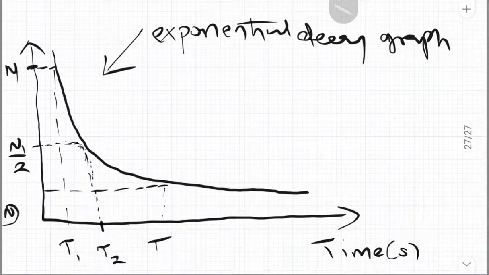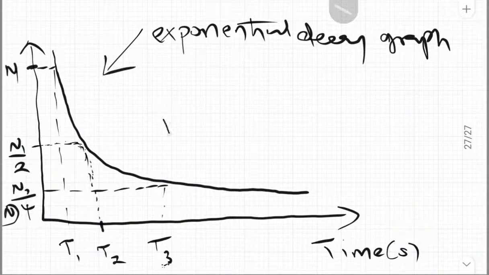I might not draw this to scale, but I hope it makes sense. This will be half of this, so we have n over 4, since half of n1 over 2 is n1 over 4.